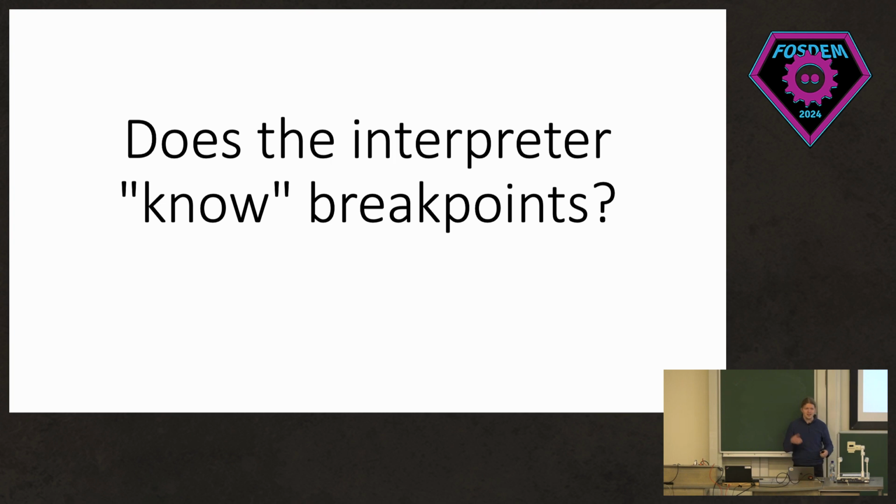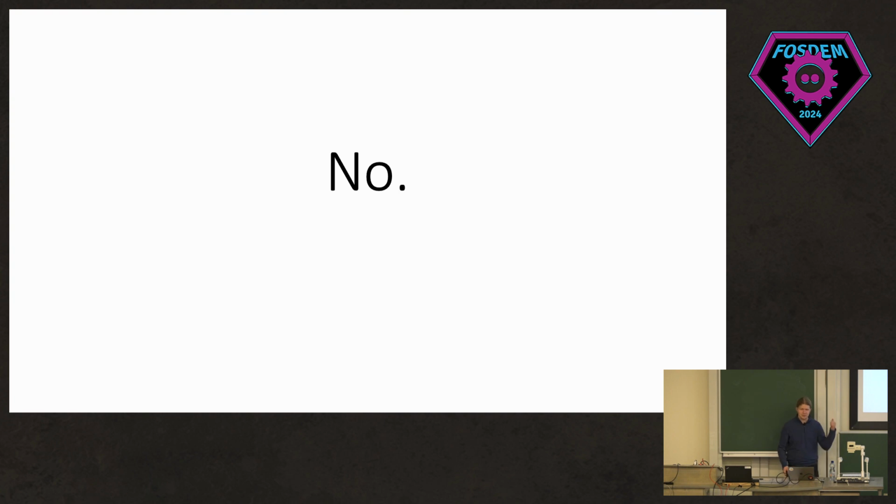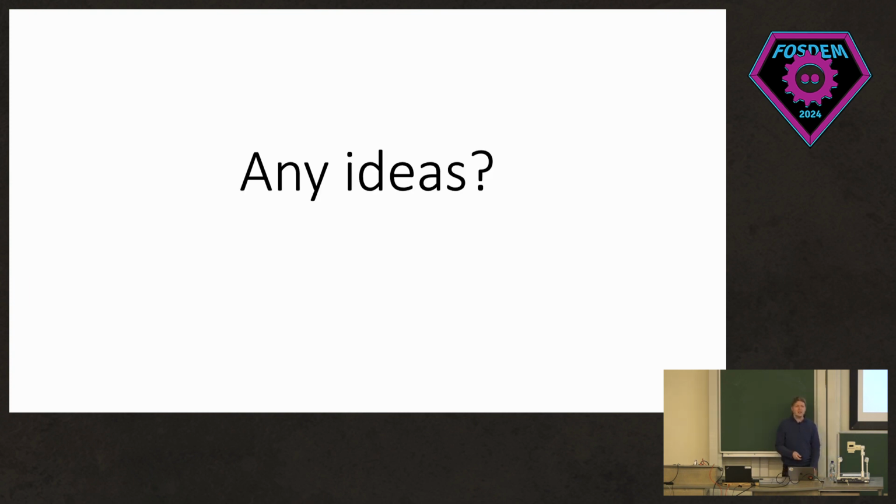Who of you thinks that the Python interpreter knows about the concept of breakpoints? Please raise your hand. And two of you think it doesn't know about the concept of breakpoints. Okay, it's a trick question. Of course, no, because otherwise I wouldn't be asking this question. So it doesn't know anything about breakpoints, which is not a bad thing. So any ideas how we could implement it?